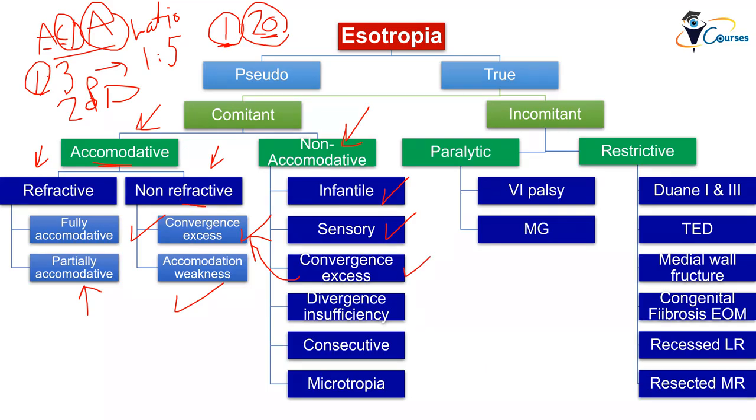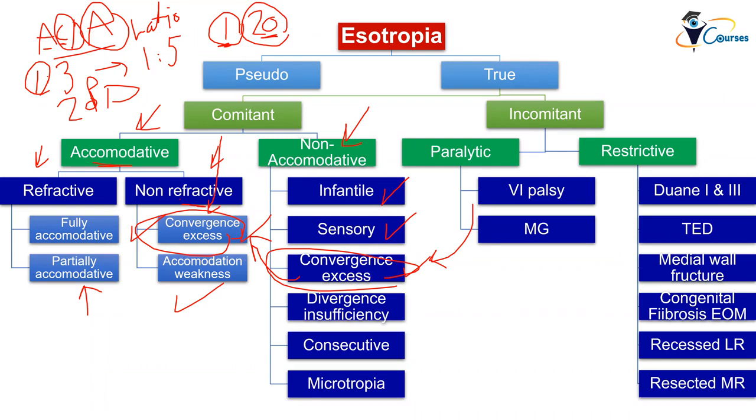Okay, so this will be the difference between the two. It will be just the ACA ratio. If it is high, then this is an accommodative non-refractive. If it is normal, it is non-accommodative.